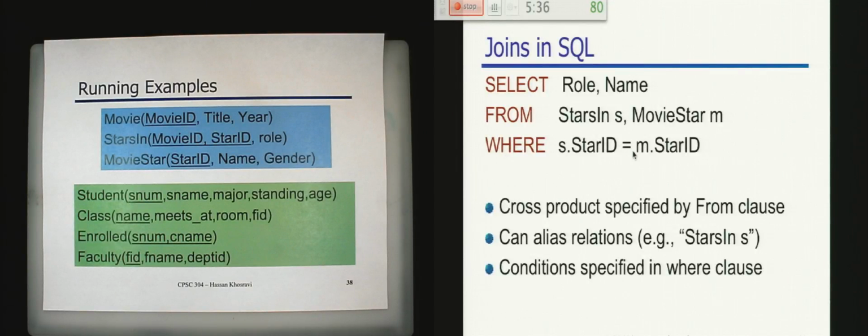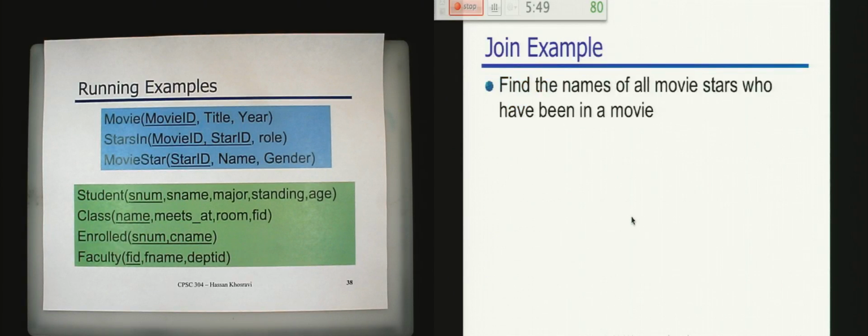If I add any limitations to my where part, then it's going to restrict the tuples to the ones which actually make sense based on the where part. Alright, so this is quite close to the one that I just showed you, but write it out so you know how to write them out.